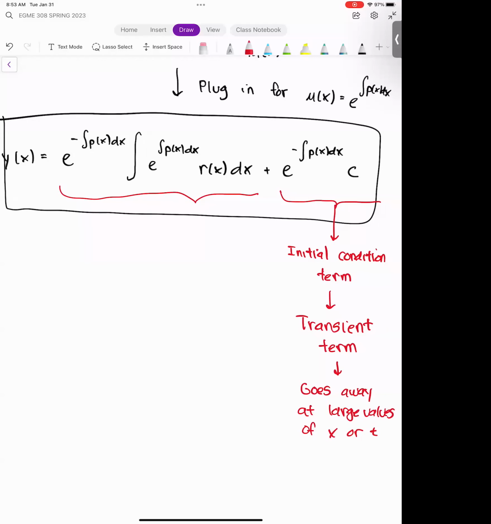And so that makes sense, right? When you have a term here that's governed by an initial condition, by definition, an initial condition only happens at the very beginning of your equation. As you get further and further away from that initial condition, or the boundary condition, then that really doesn't seem to matter.